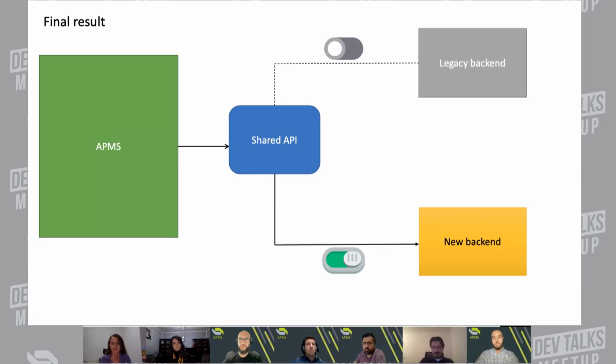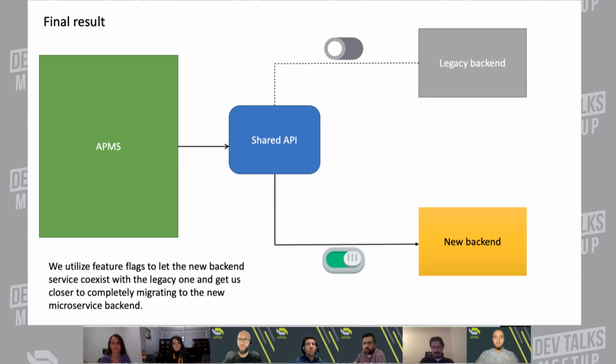So these switches here represent feature flags, and we utilize them to let the new microservice backend coexist with the old one. So we will step by step start migrating towards it and strangling the legacy backend.